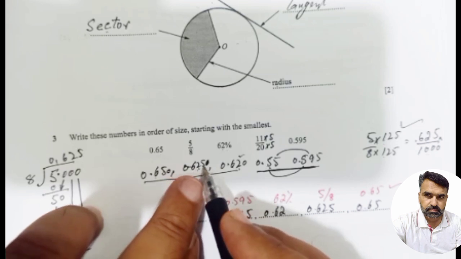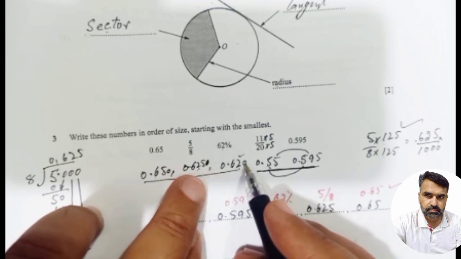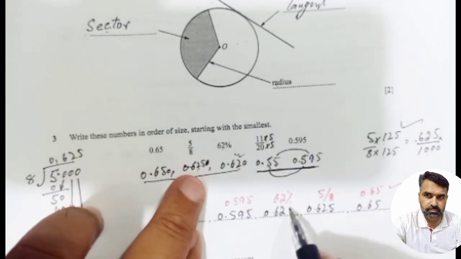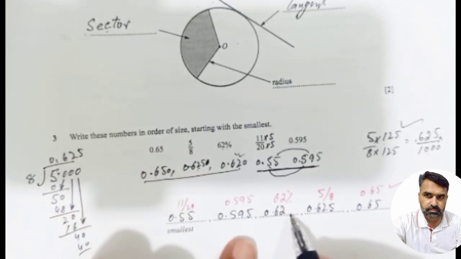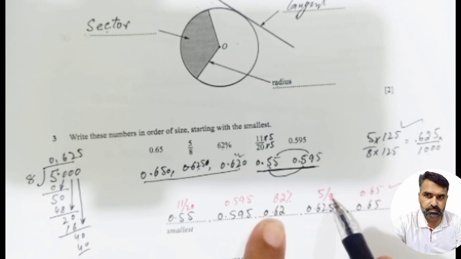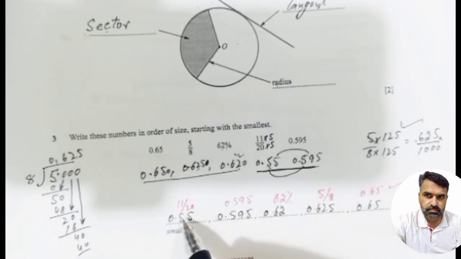The third digit is 5 here and 0 here, so it is smaller, and we will write at third place 62% or 0.62. It is better to write 62% in the given form. And the next number is 5 over 8 and the last number is 0.65.